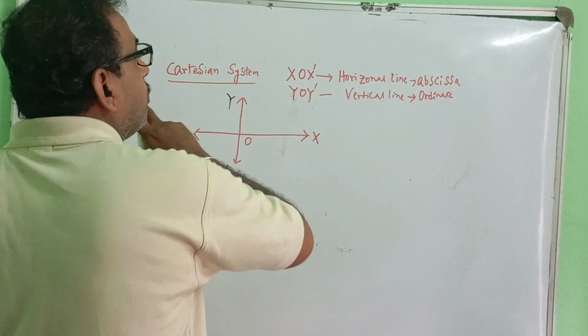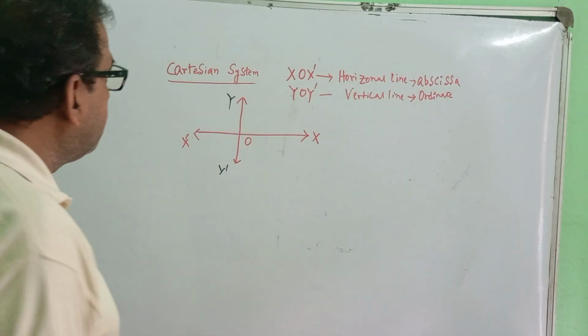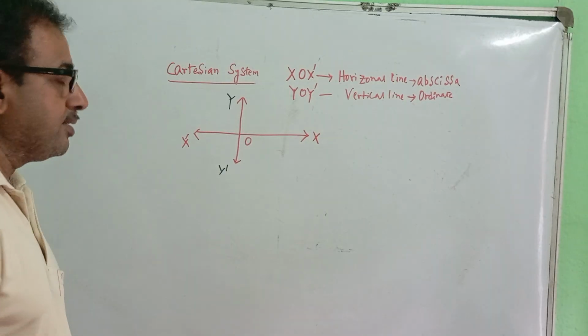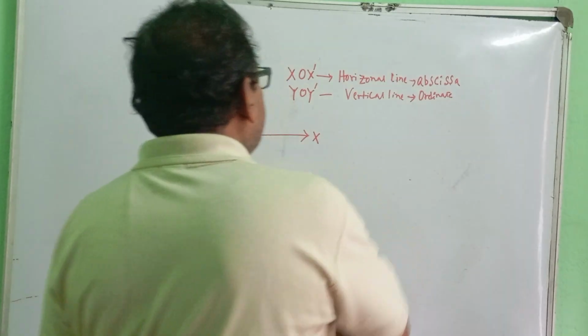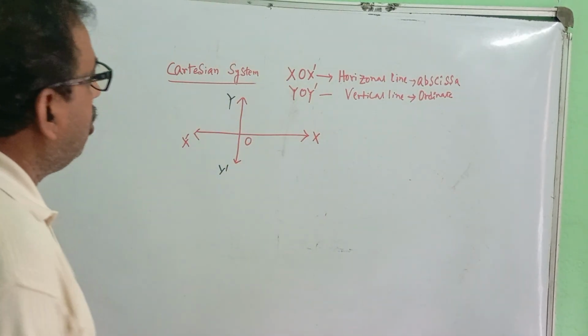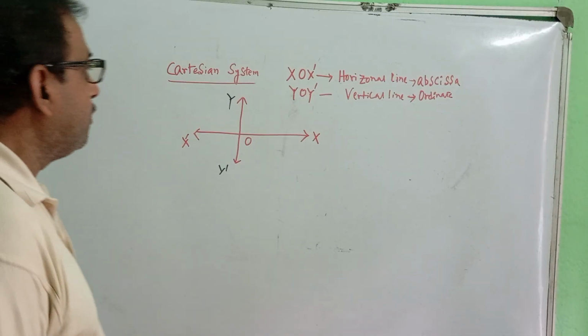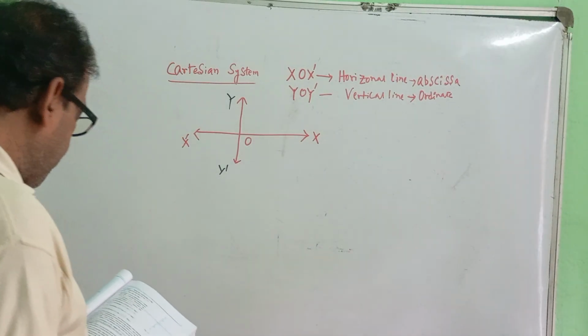Now you know that all three things: either it is called x, O, x dash, a horizontal line, or it is called the abscissa; or y, O, y dash is a vertical line, or it is called the ordinate.